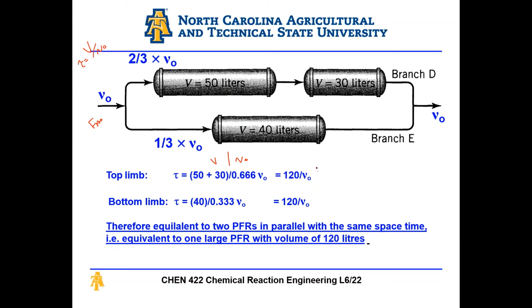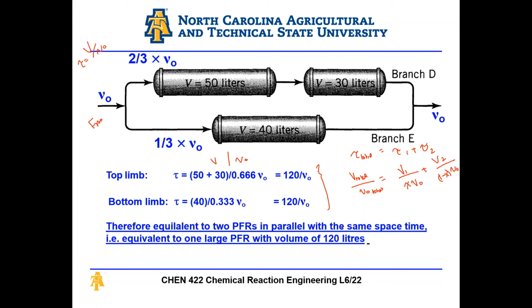If you want to break this into an algebraic problem, if I say tau total is equal to tau 1 plus tau 2, tau total is equal to V total over v naught here, and this is tau 1, and this will be equal to V1 over X v naught plus V2 over (1 minus X) v naught, and you just solve for X, right? You have all the numbers here, solve for X, and you're going to get the split.